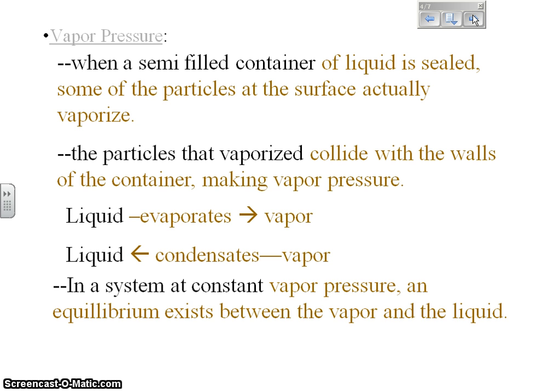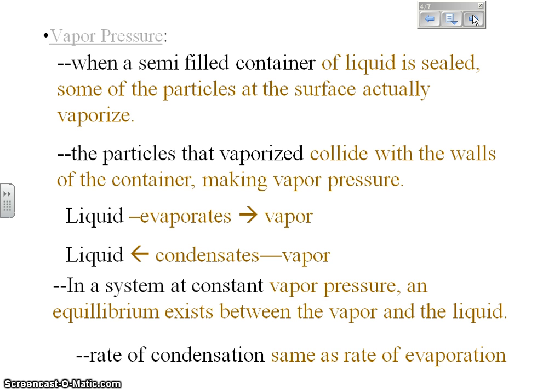Now, liquid evaporates into vapor. Well, what happens when vapor wants to go back to being a liquid? It condenses. So we have liquid evaporating into vapor and vapor condensing into liquid. In a system at constant vapor pressure, an equilibrium exists between the vapor and the liquid.